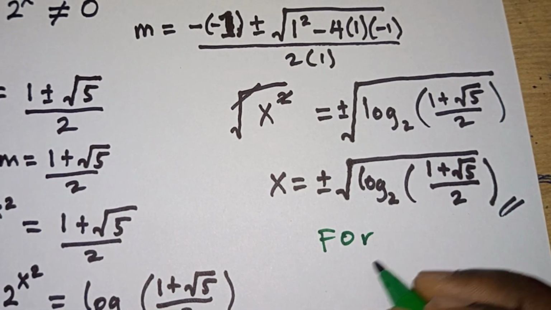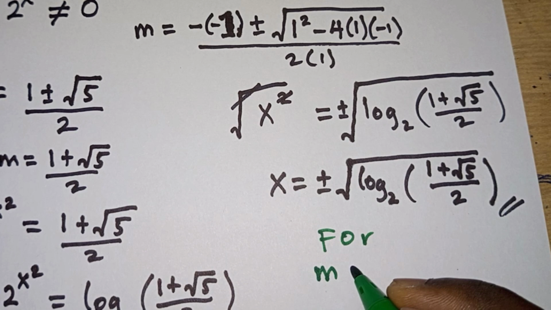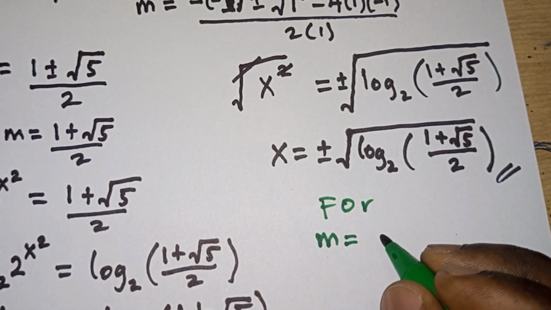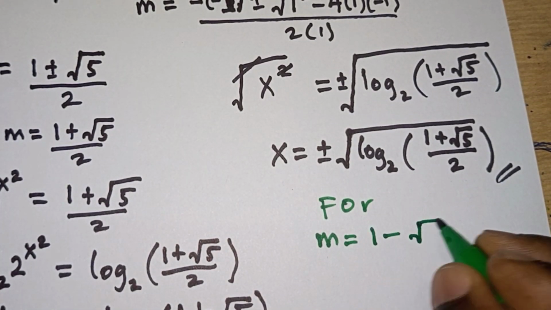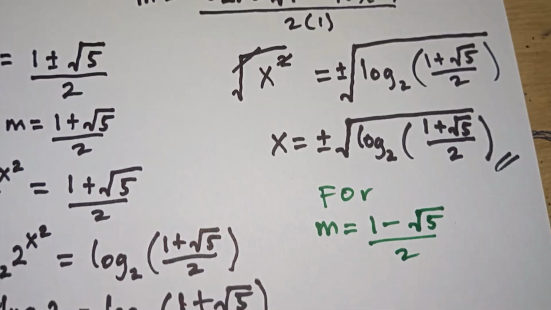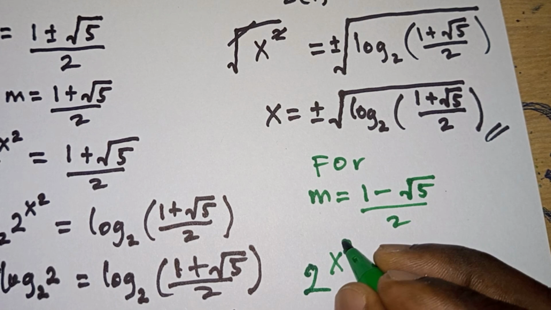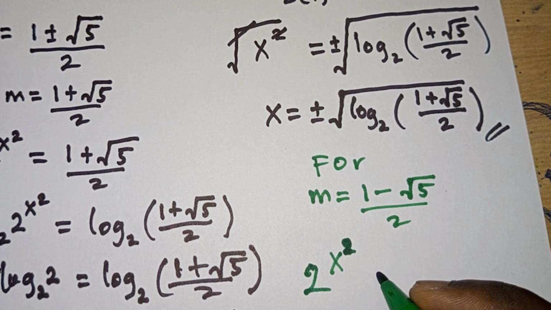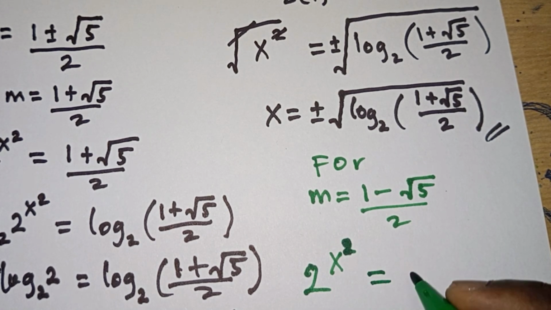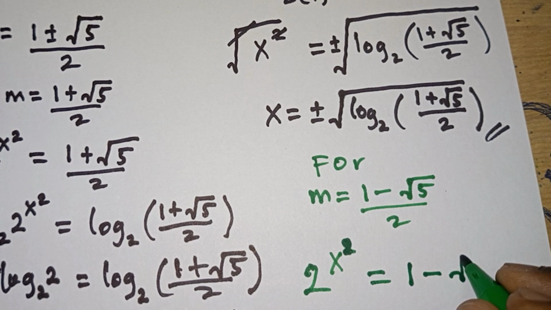Then let's consider the other value of m, that is m is equal to 1 minus root 5 on 2. So from here, we're going to have 2 to the power x squared is equal to 1 minus root 5 on 2.